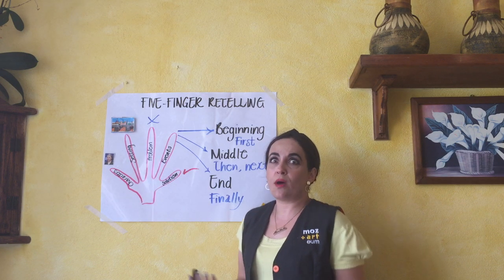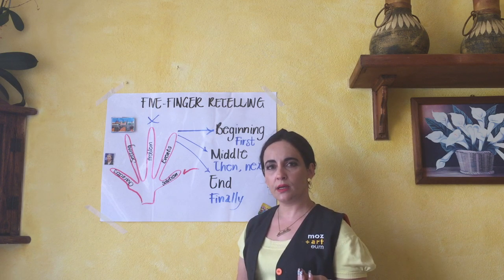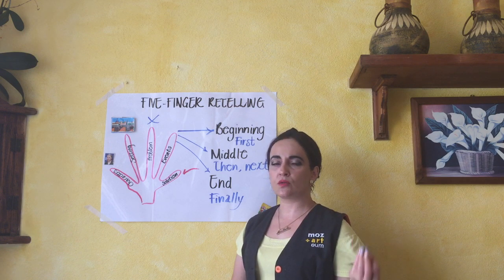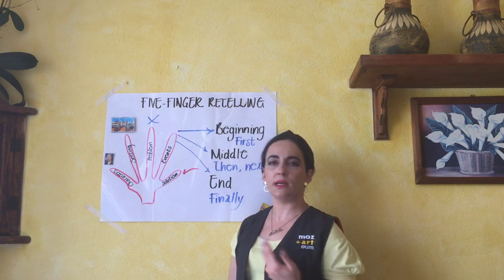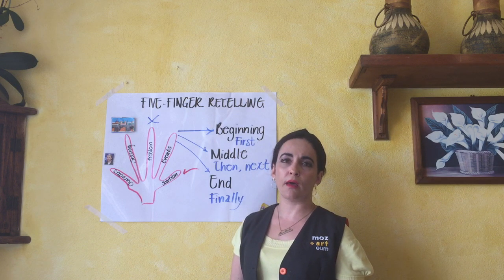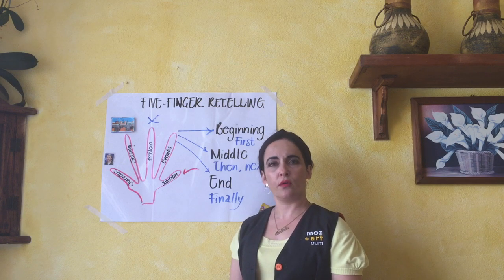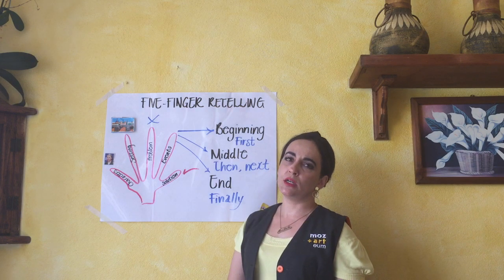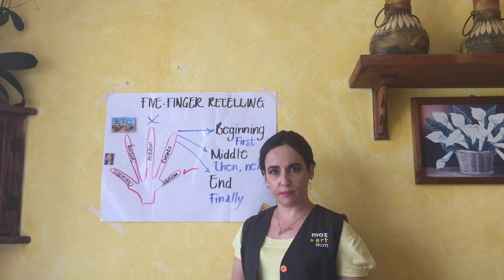The problem is what the story is about, like the most important part of the story. The most important part of the story of this particular one is that there was a little girl who one day went into the forest. She wanted to visit her grandmother, and then she met a wolf in the forest. She didn't know him, and they started to talk, and that's like the problem of the story.